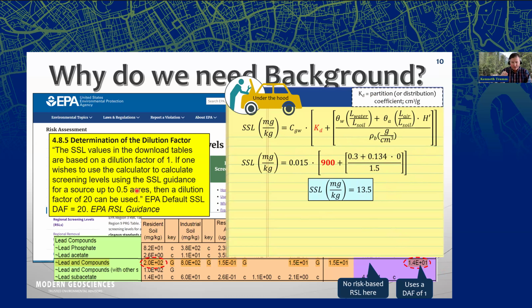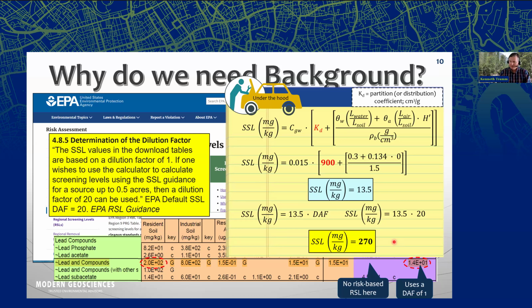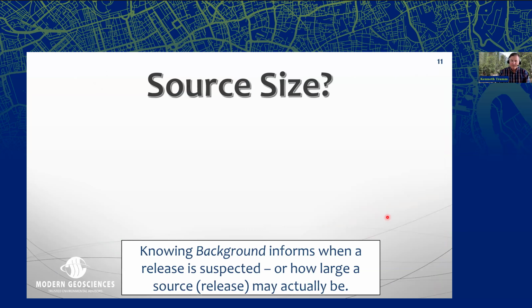And if we knew that we were half acre or less, we could do the next piece here, which is multiply it out to get our 270. So that 270 would be the number that would live still here if we had the less than a half acre. So we've now entered a fork in the road. Do I know that it's more than a half acre? Or is it less than a half acre? Well, I've got to carry both those numbers with me for the moment. That source size becomes real important in making a release determination.